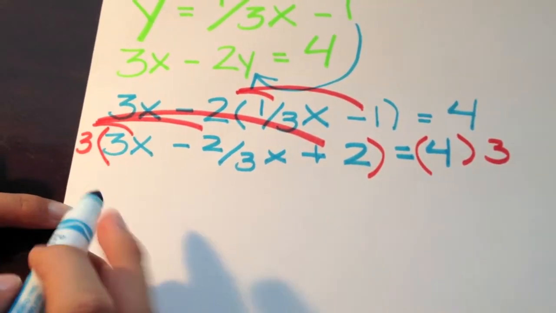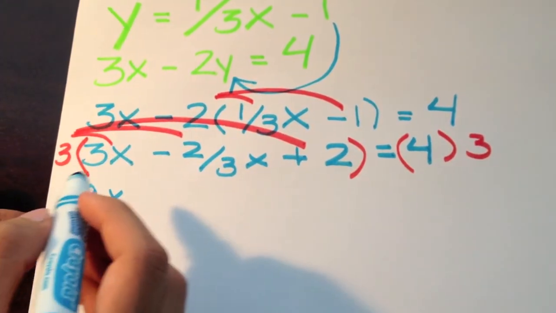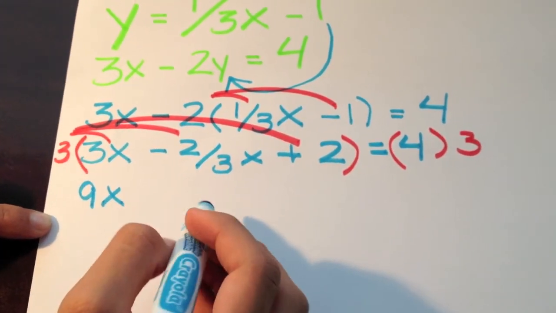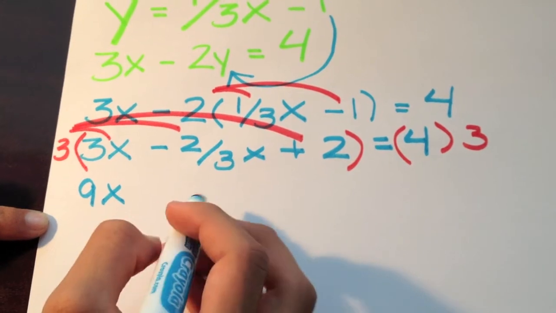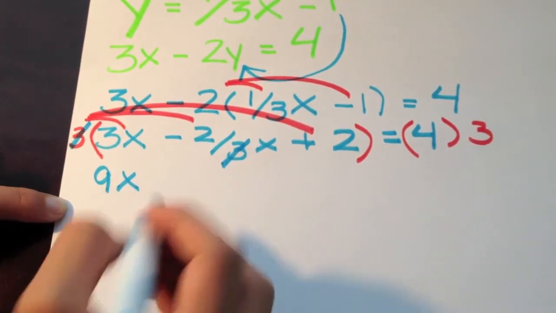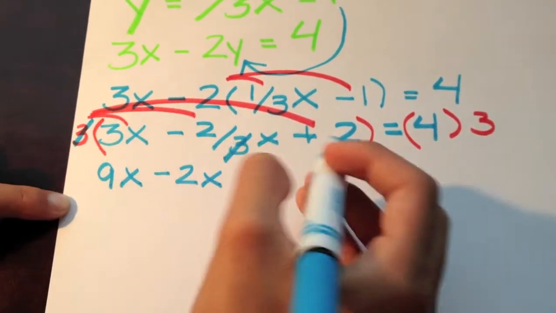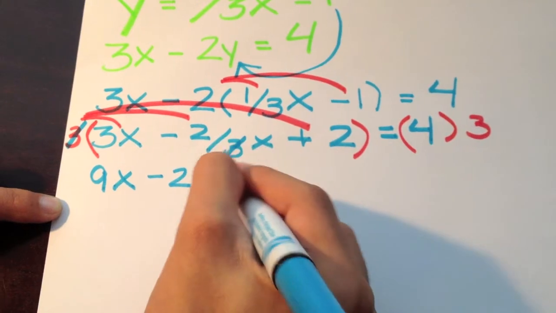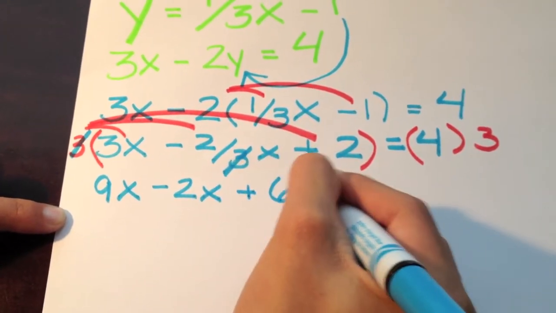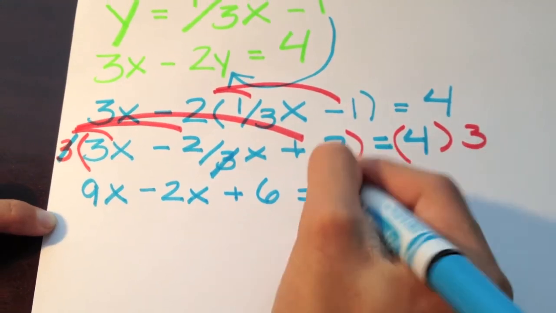3 times 3x is 9x. 3 times -2/3 times x is, canceling out both 3's, is -2x. And 3 times +2 is +6. All of this equals 4 times 3, which is 12.